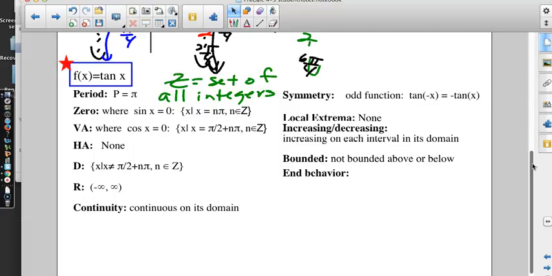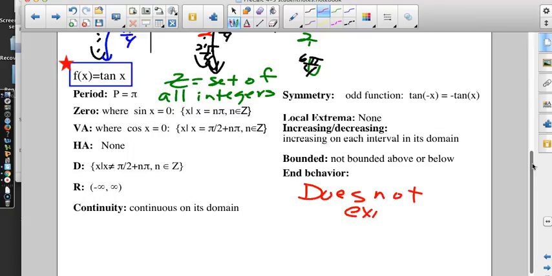And then do you remember what we had to say for end behavior when we did cosine and sine? Does not exist. End behavior does not exist. And that's because of that oscillation that takes place. In this case, it's because we have asymptotes, you know, it kind of cuts everything off.